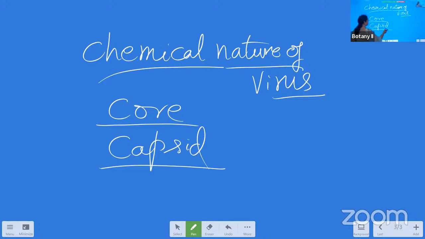And next comes the capsid. Capsid is made up of the protein coat, which is very hard and gives the specific shape for the viral organism. And the capsid is the one which is holding the main genetic material in it. So the genetic material of the viral organism may be the DNA or RNA.